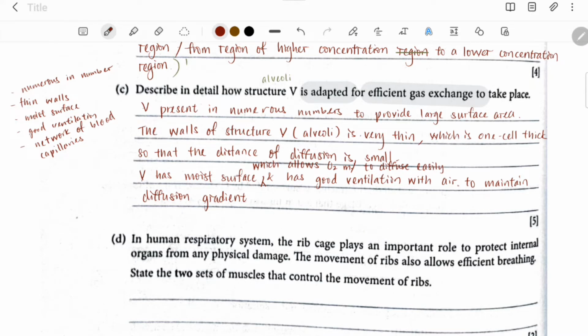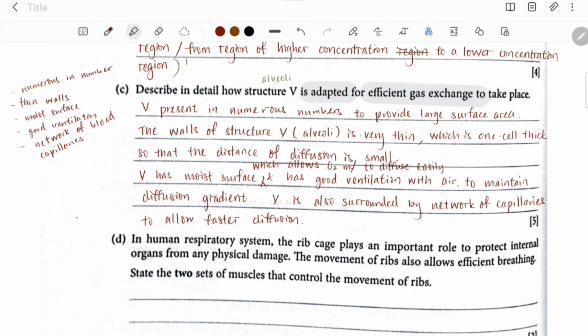And then lastly, we can talk about the network of capillaries. The alveolus is also surrounded by a network of capillaries to allow faster diffusion.